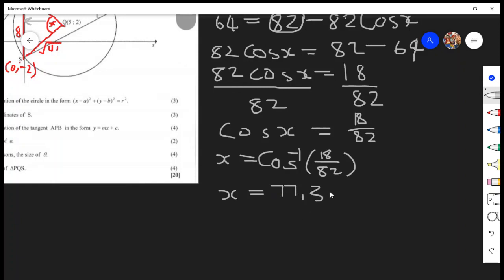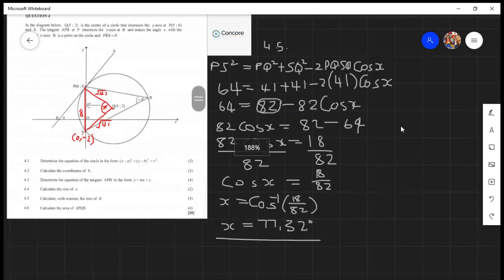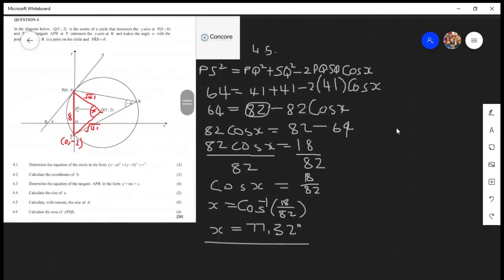Does anyone not know how to put cos inverse on your calculator? So everyone knows. Okay. So does everyone understand how we found angle X?